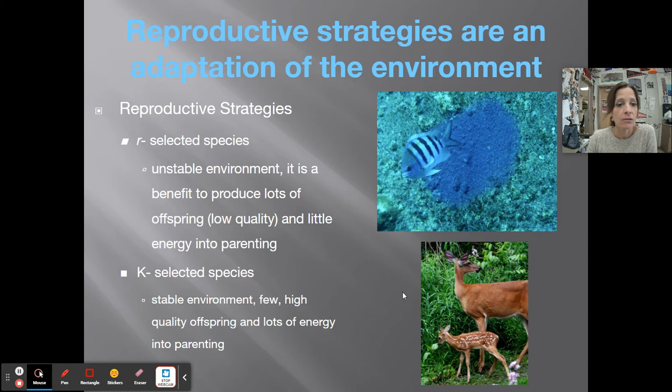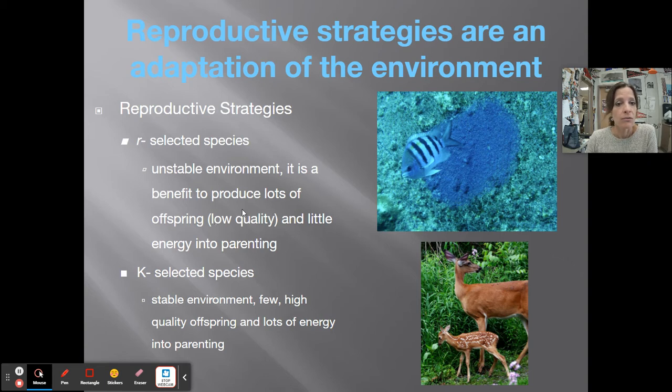So the two that you are going to need to know are what's called r-selected species. So r-selected species tend to, it's like a fish, tend to have lots and lots of offspring, but they're very poor quality. So they're not looking for all of them to survive. They're looking for a few to survive.